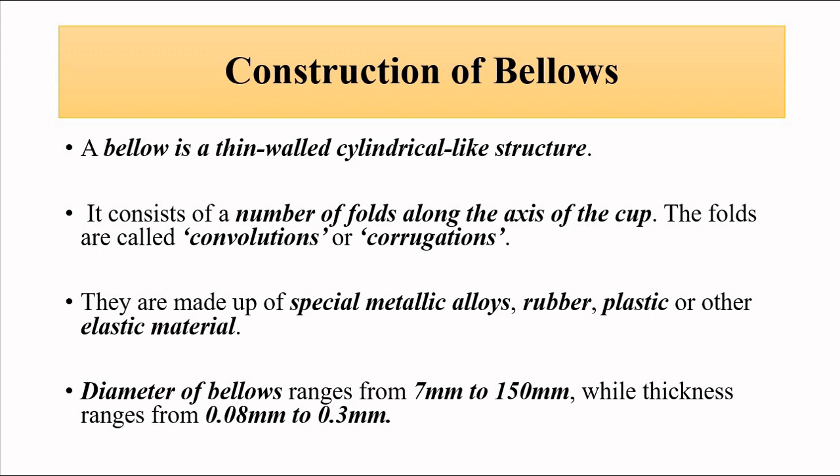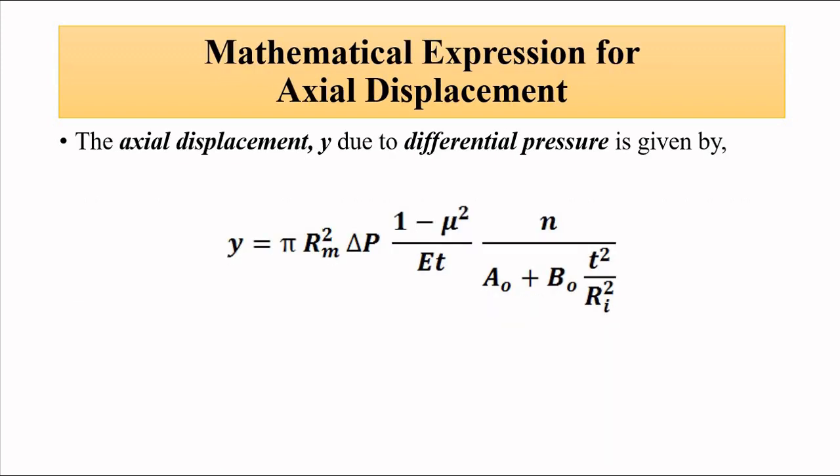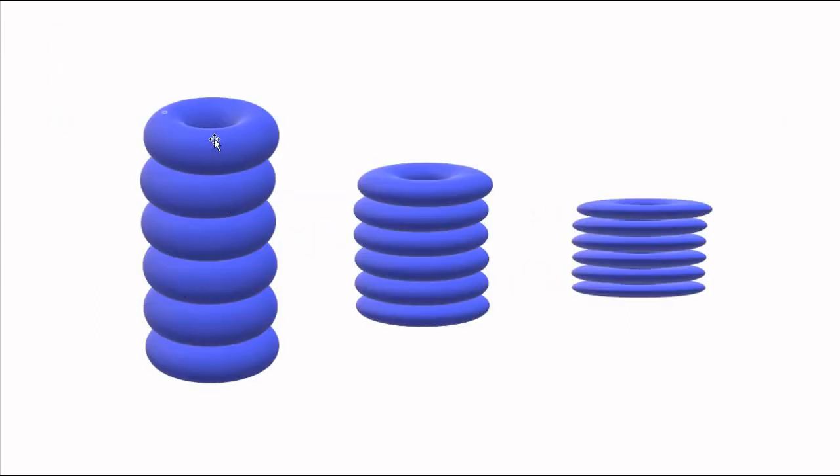So the mathematical relationship which governs this whole thing: as I said, bellows are axially stretched or compressed. Here it is placed along the y-axis, so the compression and expansion happen along the y-axis. This is the original position of the bellow. Here it is getting expanded, stretched, and here it is getting compressed.